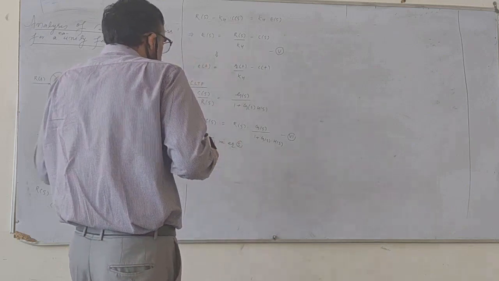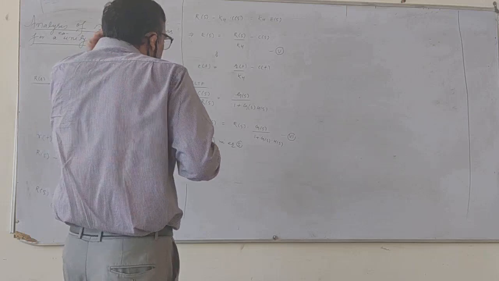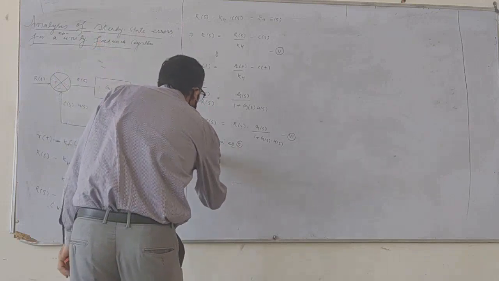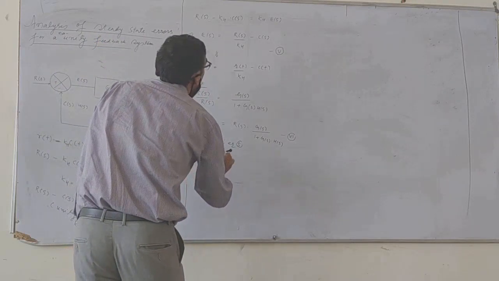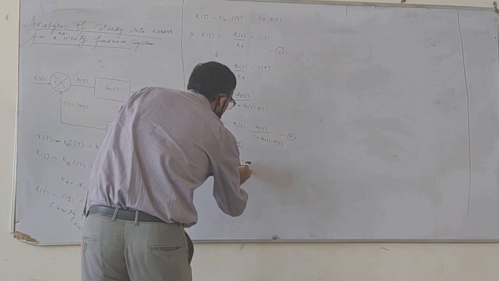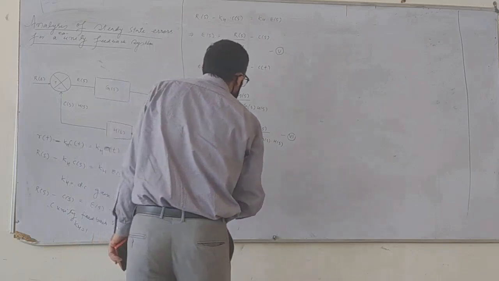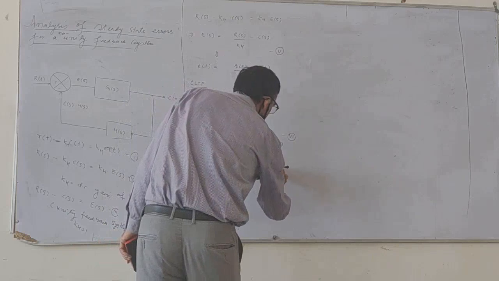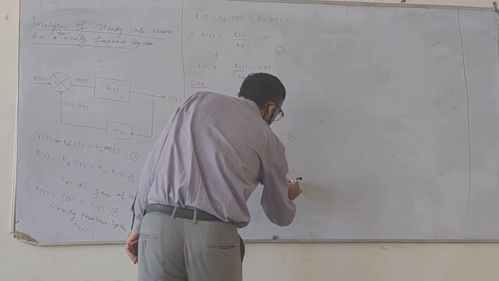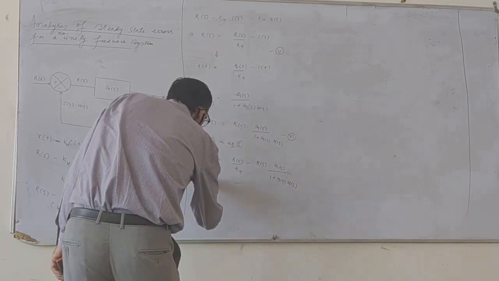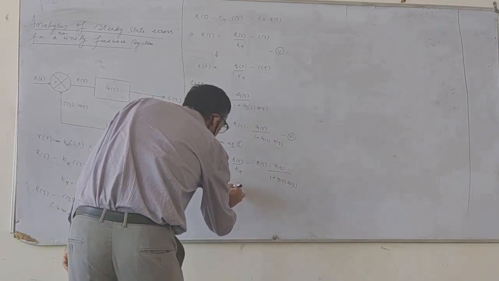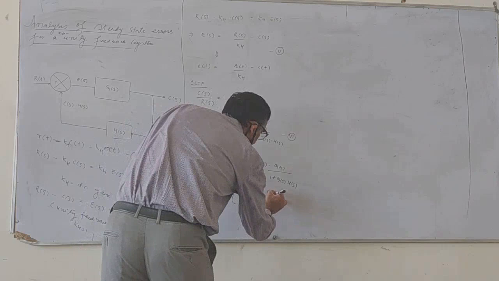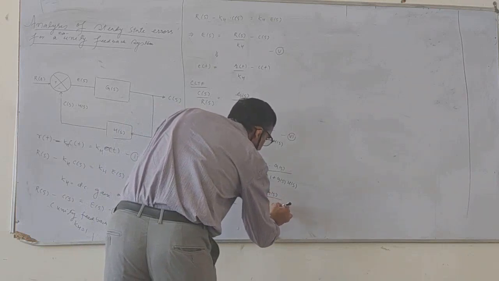Once I substitute, I get the value of C(s). So E(s) will be equal to R(s) by KH minus R(s) into G(s) over 1 plus G(s)H(s). Now I take R(s) common, then it will be 1 by KH minus G(s) over 1 plus G(s)H(s).